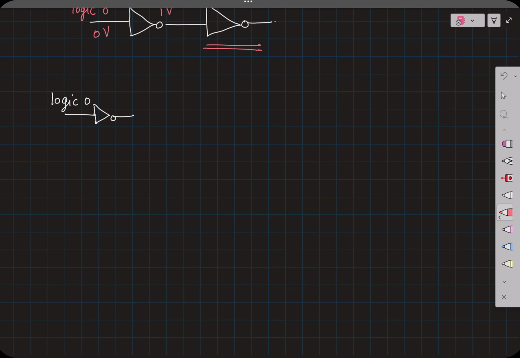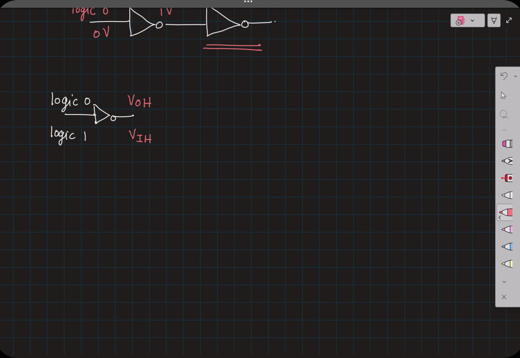So the typical output voltage corresponding to a logic 0 input to the inverter, we will call VOH, V output high. Similarly, if I feed a logic 1 to this inverter, I'm going to call the typical output voltage corresponding to that VOL, or V output low.